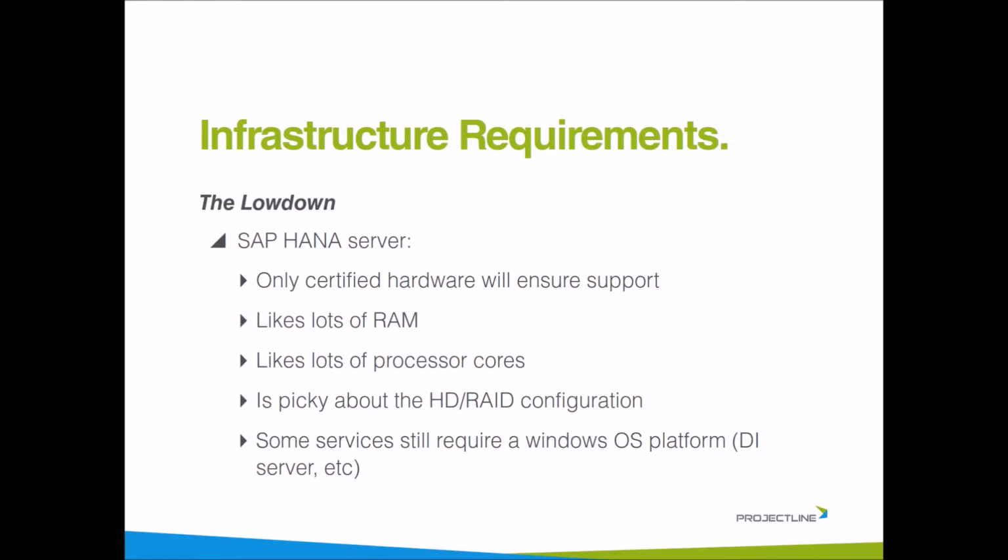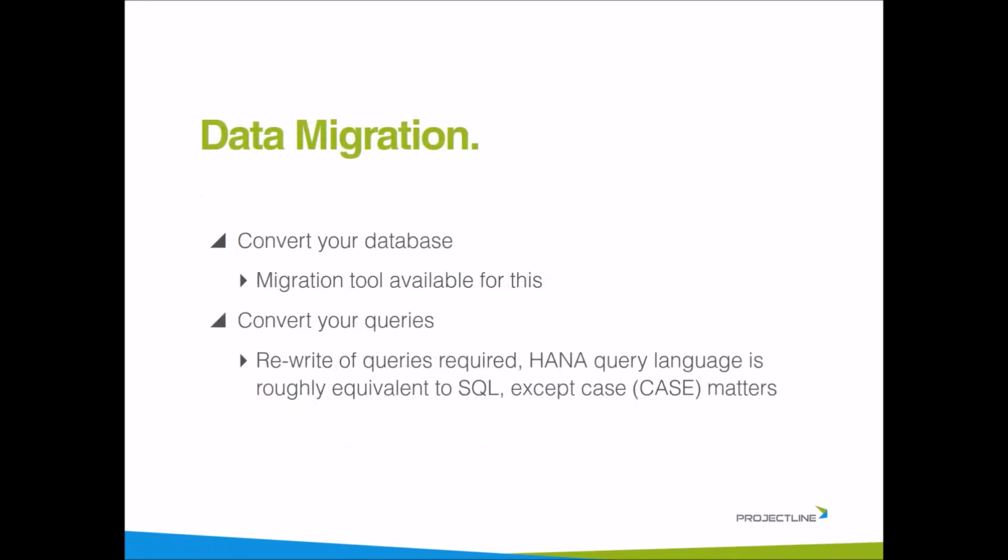It likes lots of processor cores, so even for some of those configurations we were looking at, you're looking at upwards of 20 to 30 processor cores just for the HANA server. And it's definitely picky about the types of hard drives and the RAID configuration those hard drives are in. As mentioned, some services still require a Windows OS platform. At last I knew, DI server was one of those types of services. Okay, so far so good.